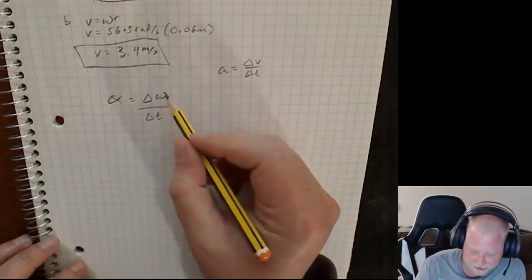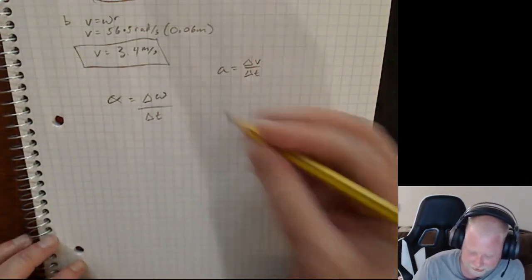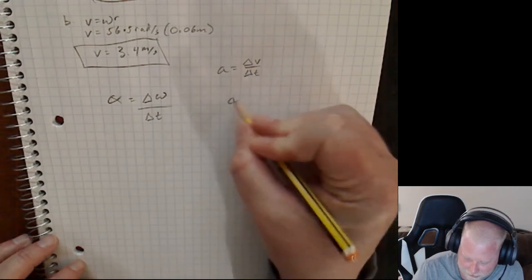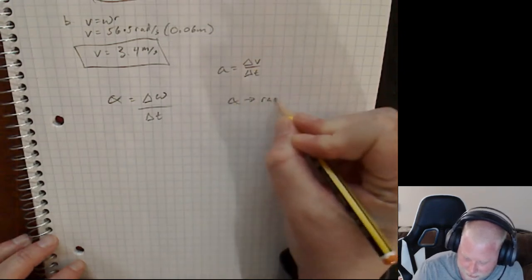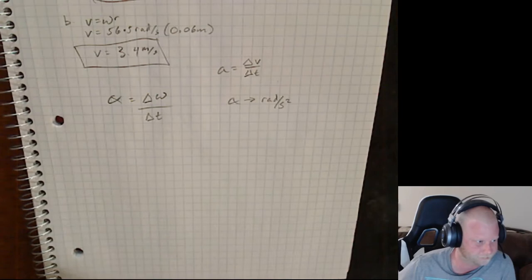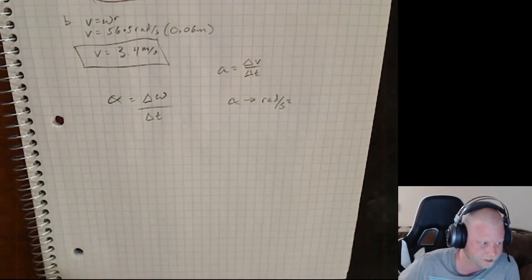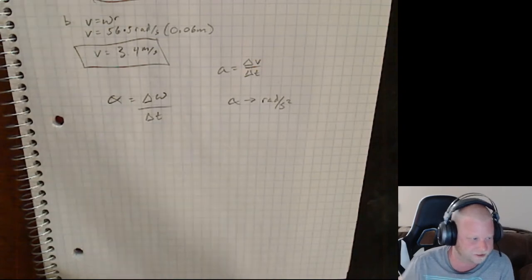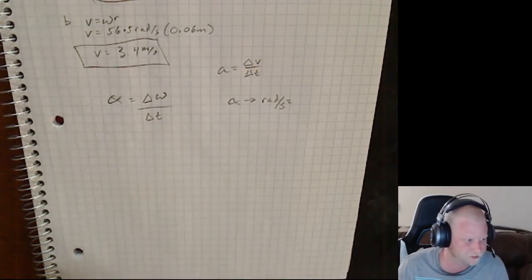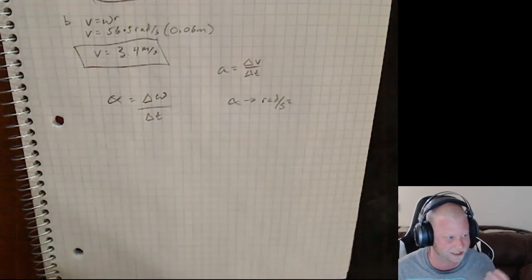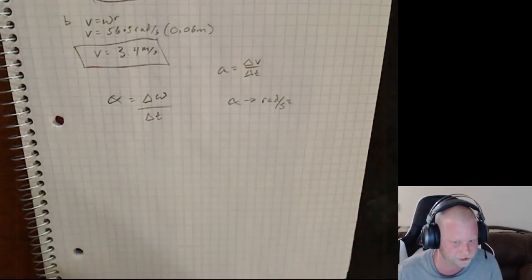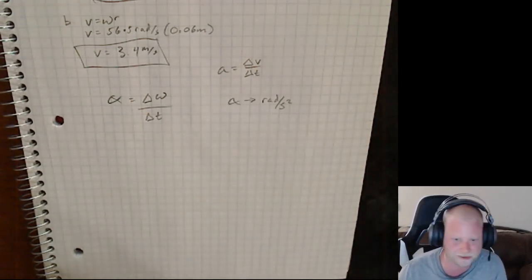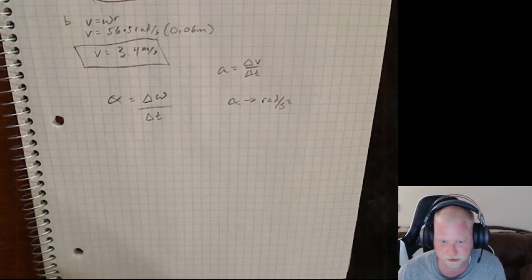So we look at our units here, radians per second, so alpha is going to be measured in radians per second squared. So really, there's a ton in common between your rotational kinematics and your linear kinematics, so you should feel fairly comfortable with at least this portion of rotational motion.